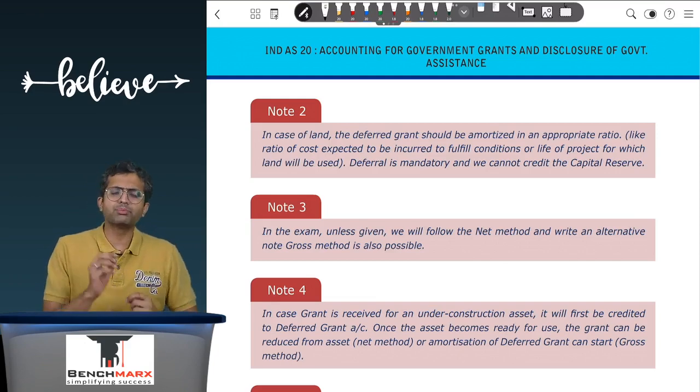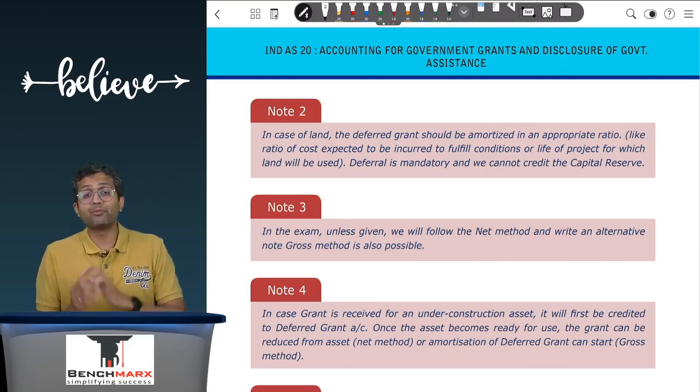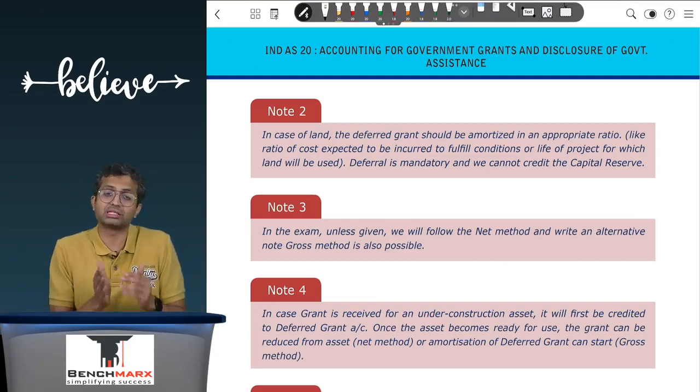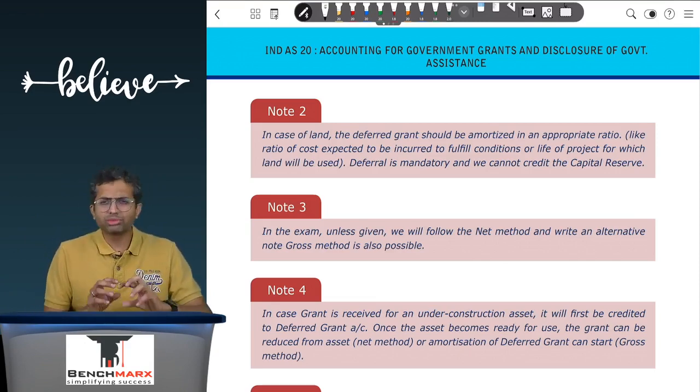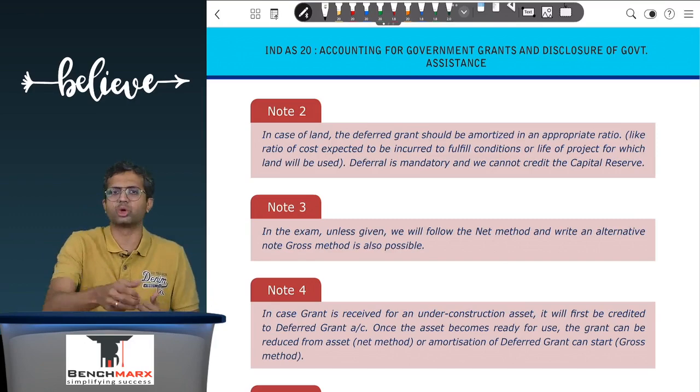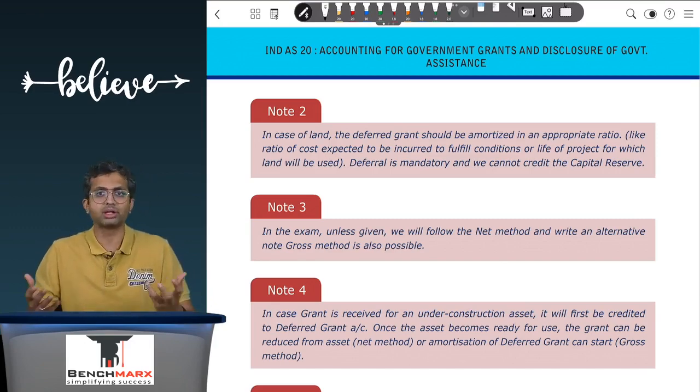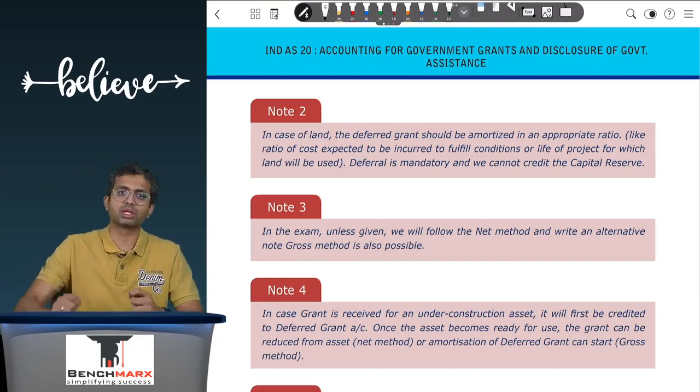Now, there may be a problem in case of an asset which is under construction. So, if an asset is under construction and the grant is received upfront, you may not be in a position to net this off from the asset, because it might be that the asset is being constructed and the government has given you grant.